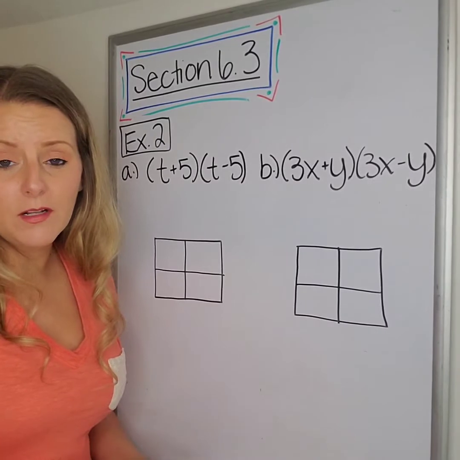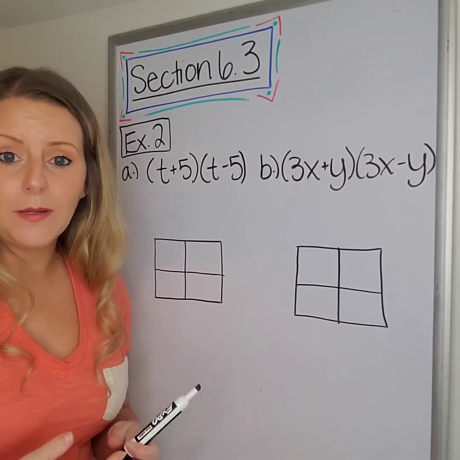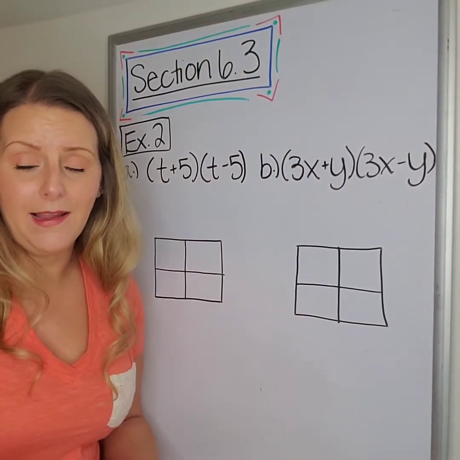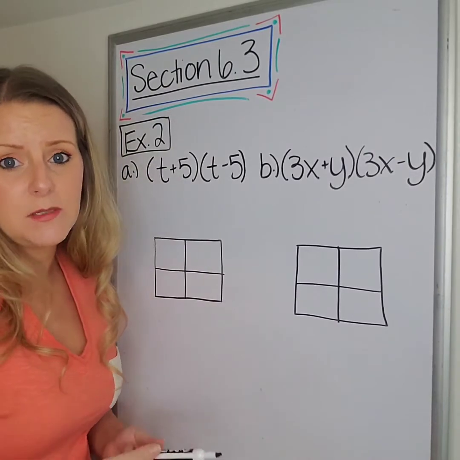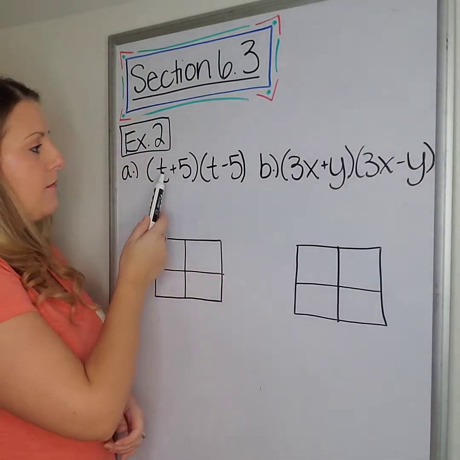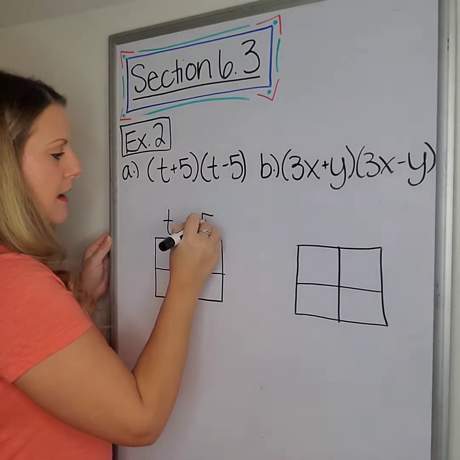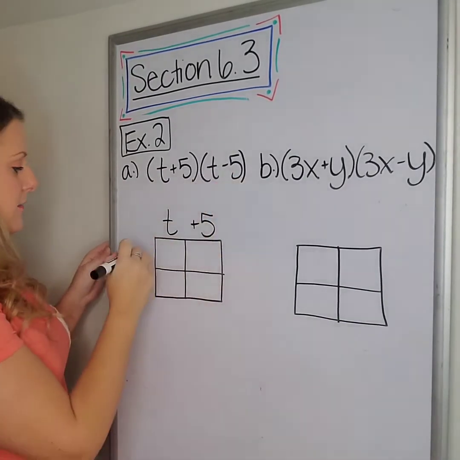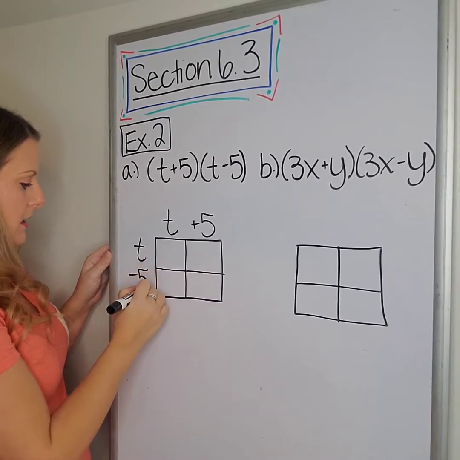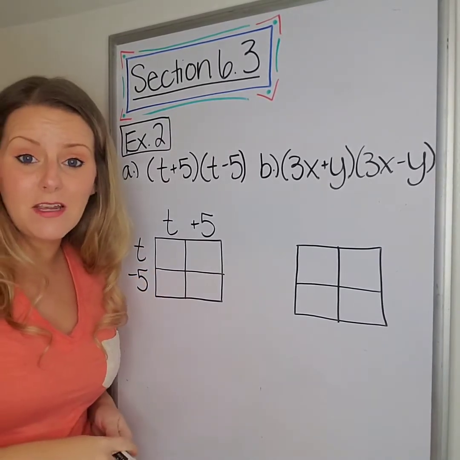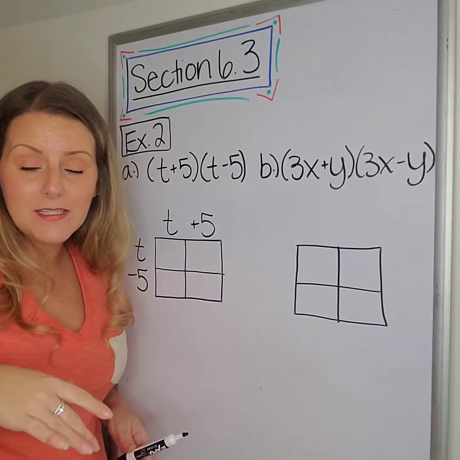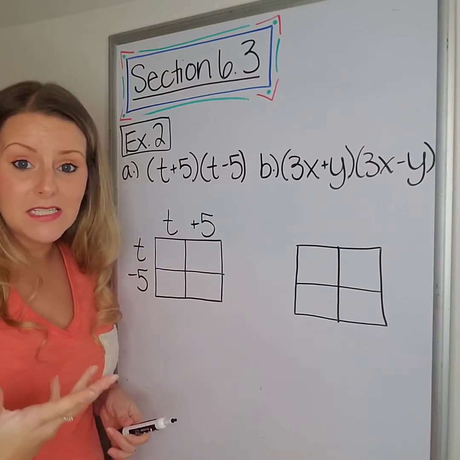Okay, so now we're going to look at example 2, which is all about what I call disappearing diagonals. So let me show you why it's a disappearing diagonal. So here you have t plus 5, so we can write t plus 5, and then t minus 5. Okay, so you can kind of see already a plus 5 and a minus 5 are going to cancel, and it's going to disappear.